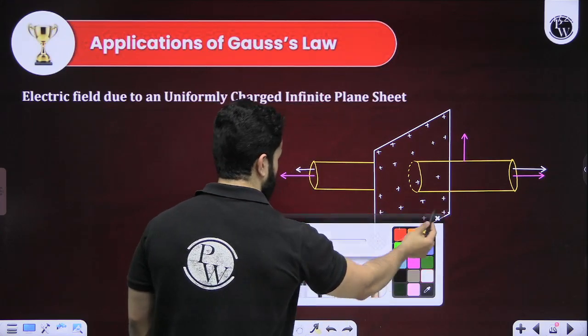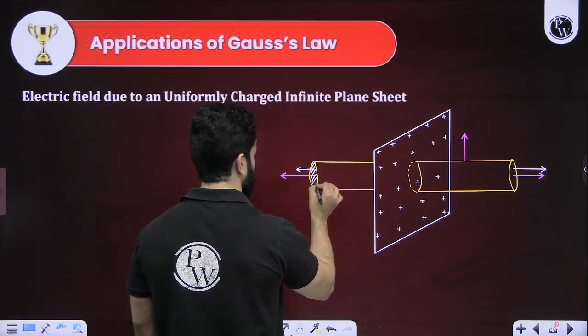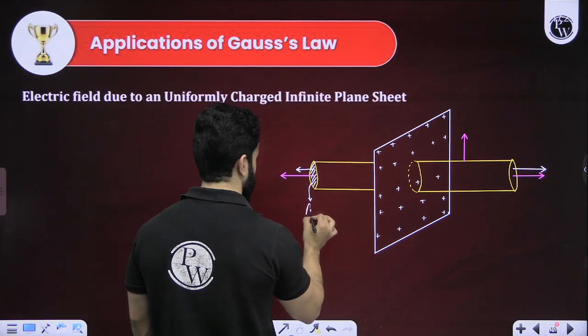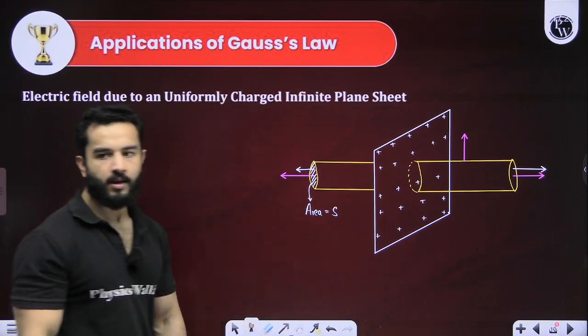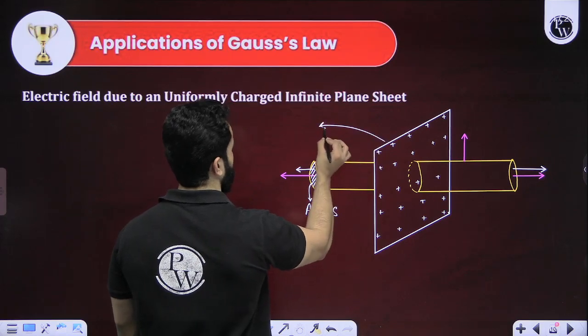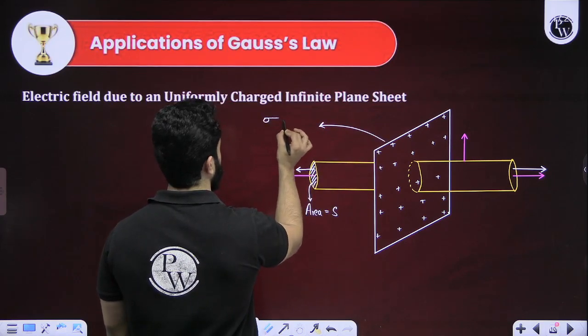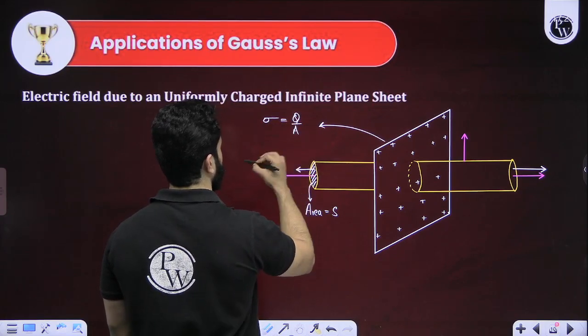So the net flux will be, let's suppose this area is S. This area is S. And the surface charge density of this sheet is sigma, that is total charge upon total area.